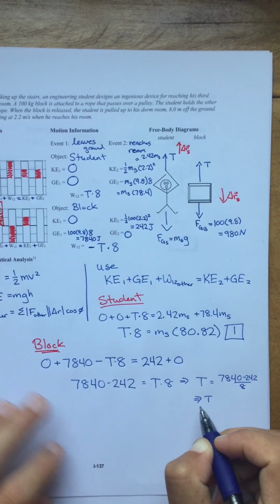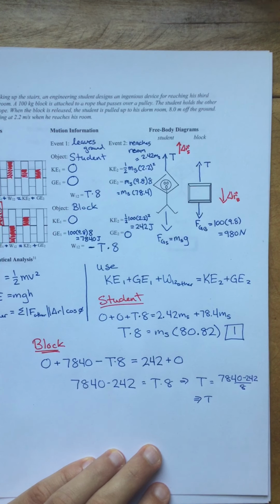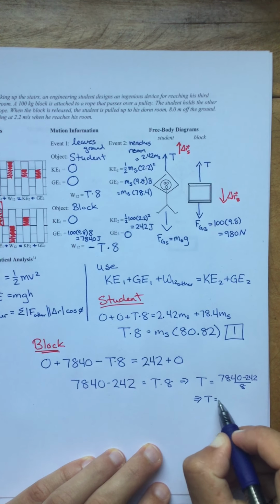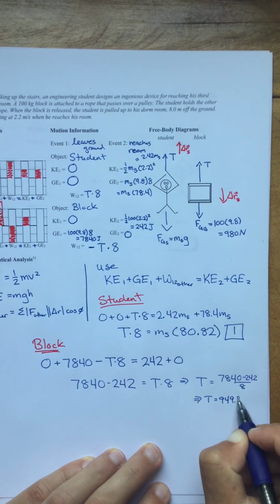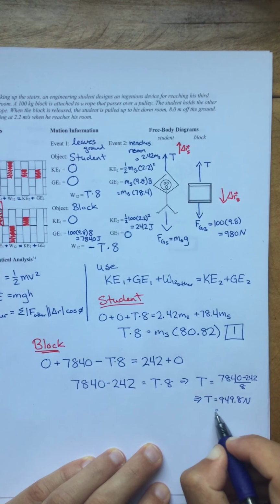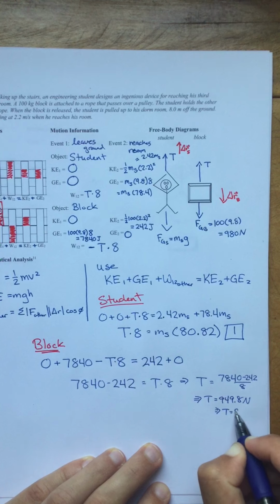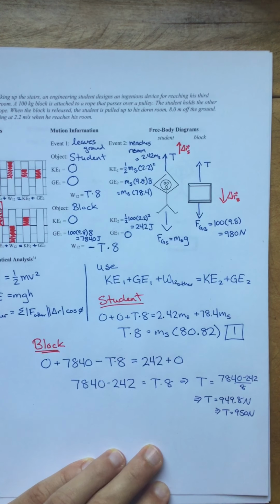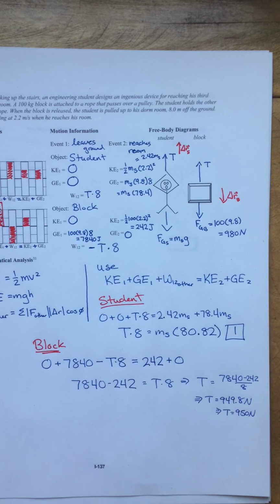That gives me for tension 949.8, or I can round to 950 newtons.